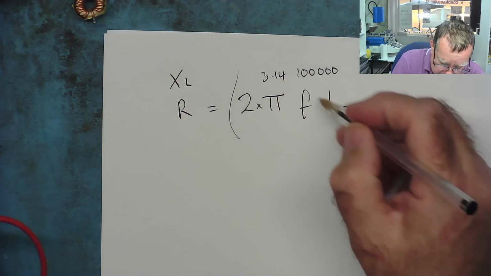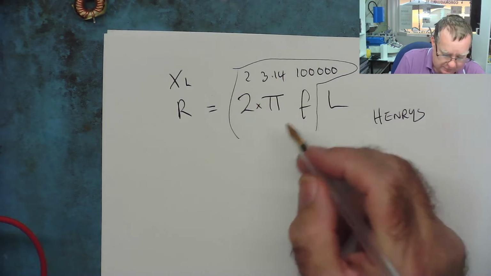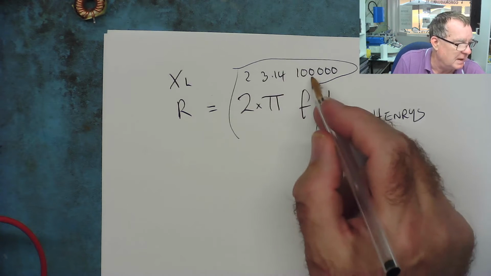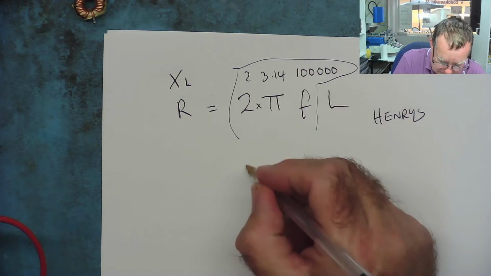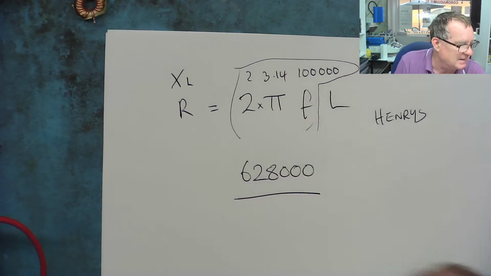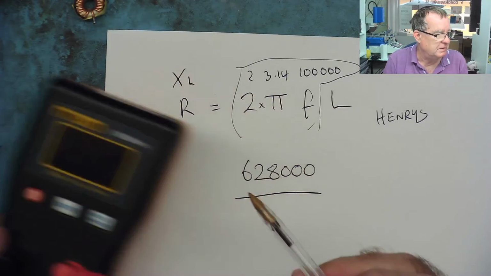Now, 2 pi F is the same. So basically it's 2 times 3.14, which is 6.28, times 100,000. So 628,000 is that, and that will never change, assuming that the meter is a 100 kilohertz meter.